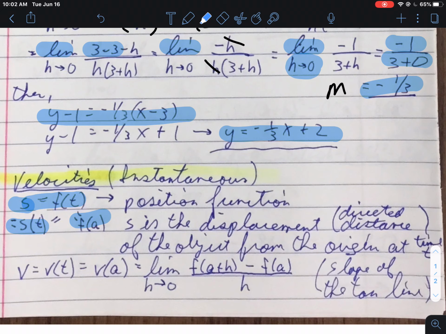So we call this our position function. Now let's be clear on what we mean by position. s is the displacement, also called the directed distance, of the object from the origin at time t. When we say origin, we mean whatever our point of reference is.